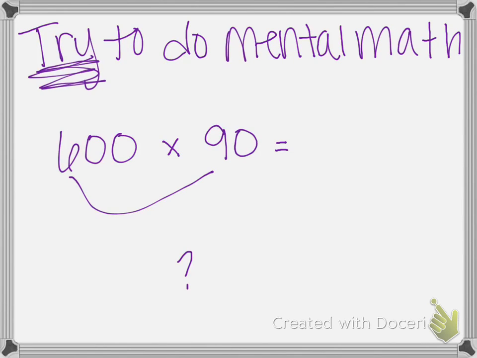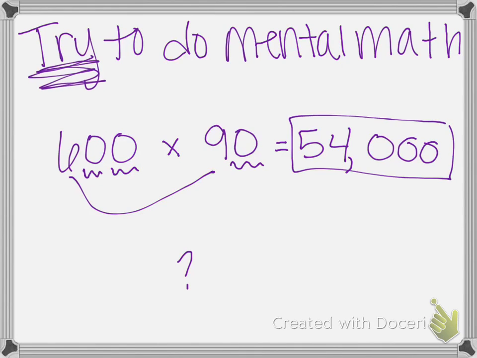So I can know that 6 times 9 gives me our 54. And then let's see how many zeros I have in all. 1, 2, 3. That means I have to add 3 zeros onto the back to get 54,000.